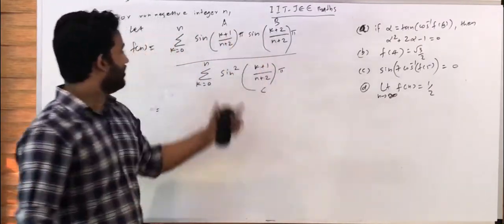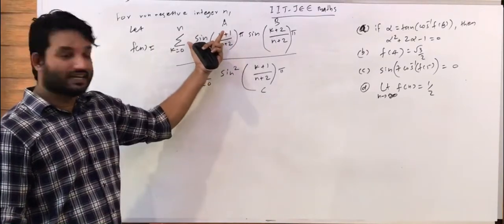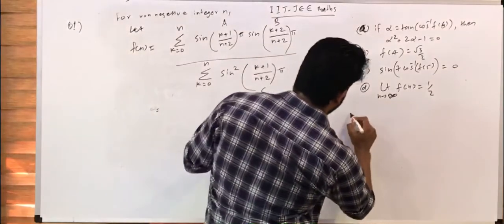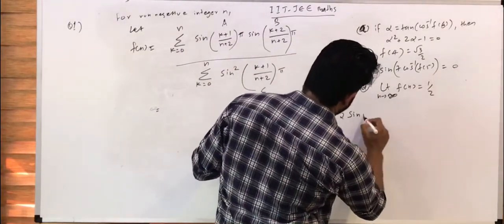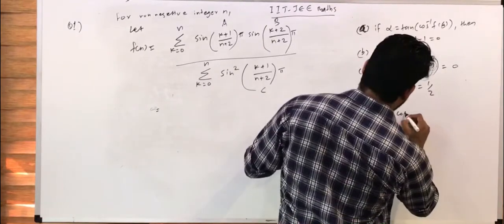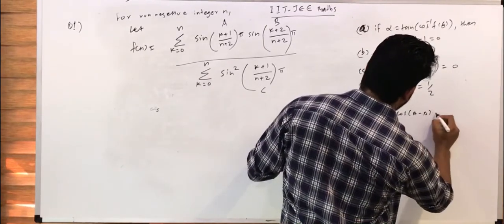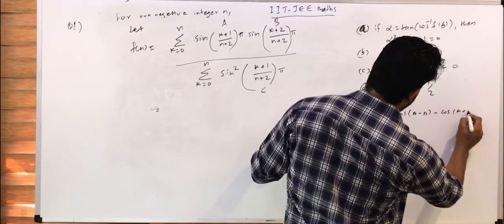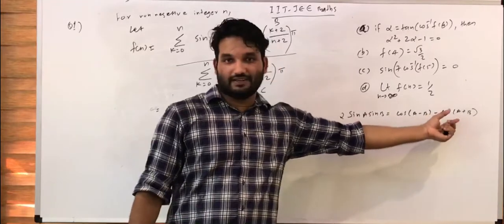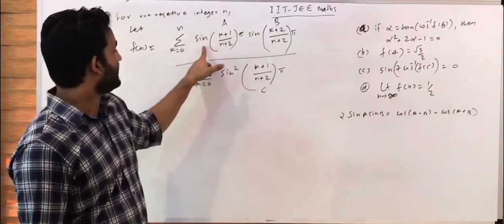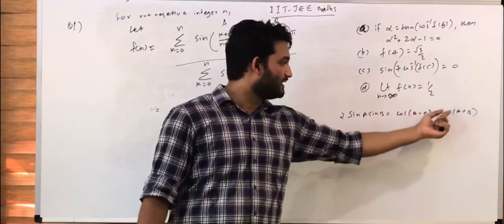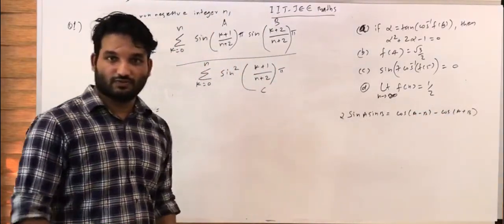We can change this sine a into sine b, as we know 2 sine a sine b is equal to cos of a minus b minus cos of a plus b. So using these trigonometric identities, I am going to change this sine a sine b format into the difference of cos functions.